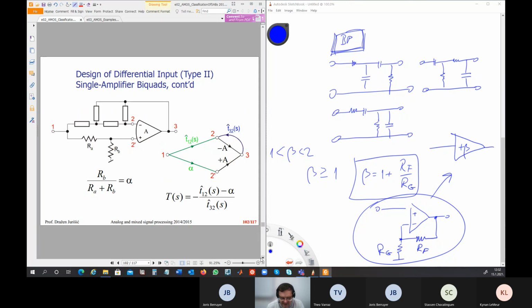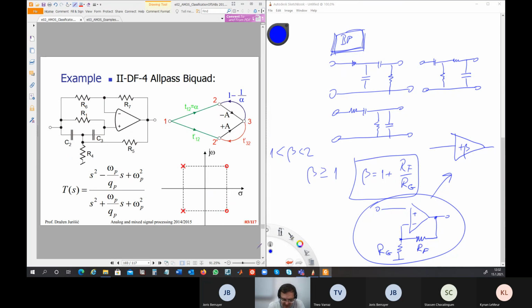And here is our network finally. So if you add these two here to have two inputs, like here, then you have this in the numerator, and you will be able to have zeros anywhere on the S-plane as complex conjugates. For example, you can build an all-pass filter like this.